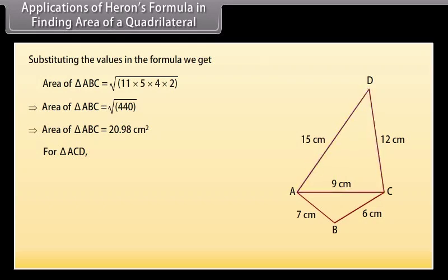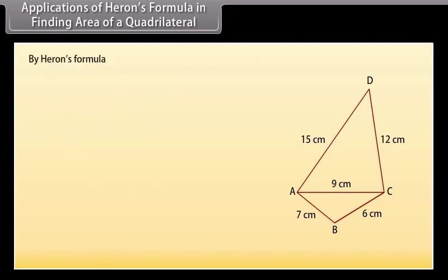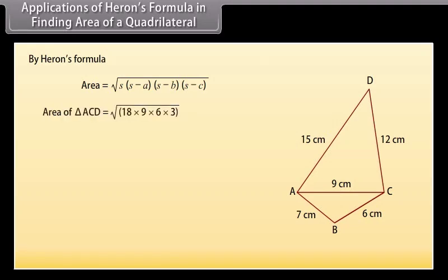Now for triangle ACD, S is equal to (9 plus 12 plus 15) upon 2, which is 18 centimeters. By Heron's formula, area is equal to square root of S into (S minus a) into (S minus b) into (S minus c). Therefore, area of triangle ACD is equal to square root of 18 into 9 into 6 into 3.